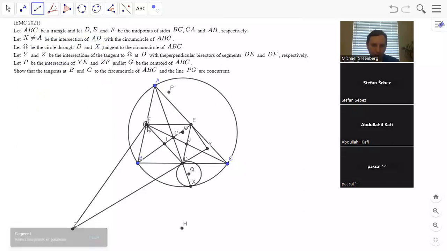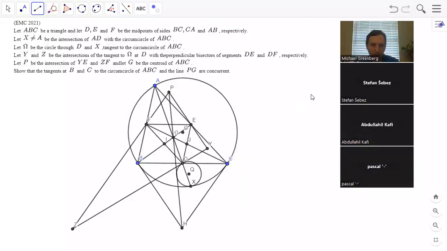And we want to show PG passes through H. And that looks like a homothety. So PFGE, we want to show it's homothetic. And it looks like G is just the incenter. Well, it's not the incenter, but maybe it is.